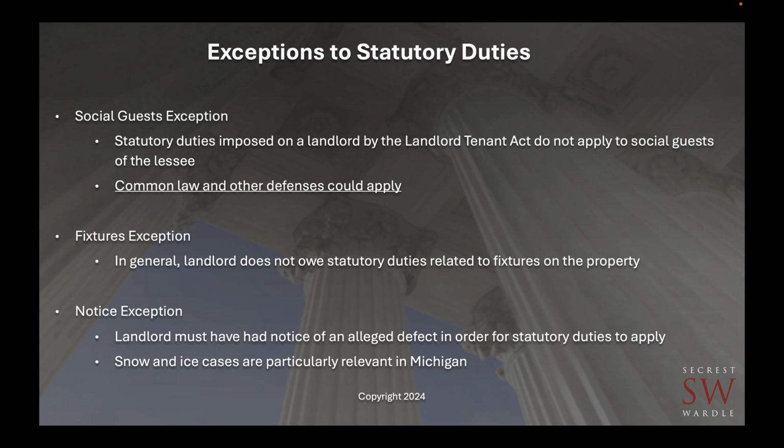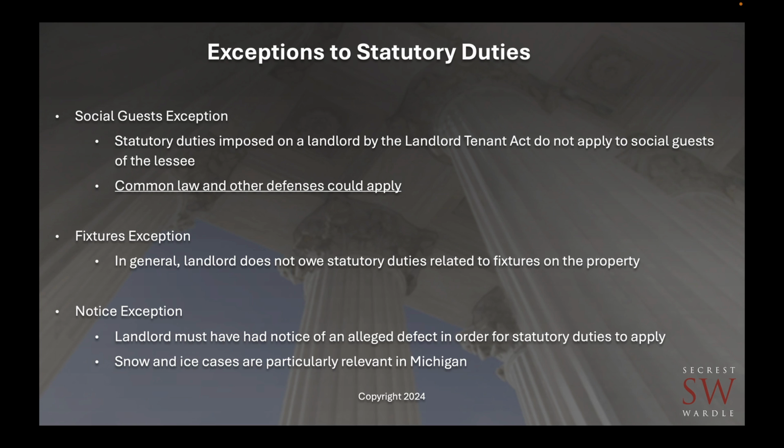You might be wondering, what exactly does that mean? Well, the landlord's statutory duties do not extend to social guests. For example, if someone visiting or staying in an apartment makes a complaint about a broken step or a stair to a property manager, as they did in the case of Walker v.